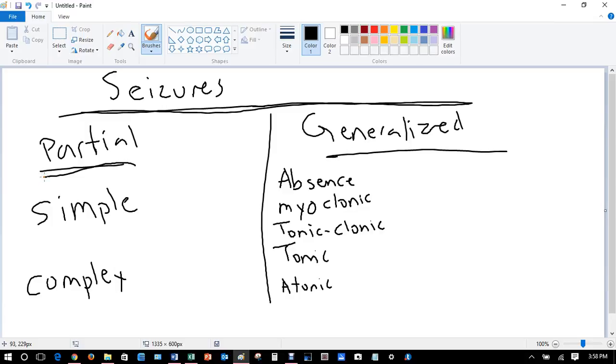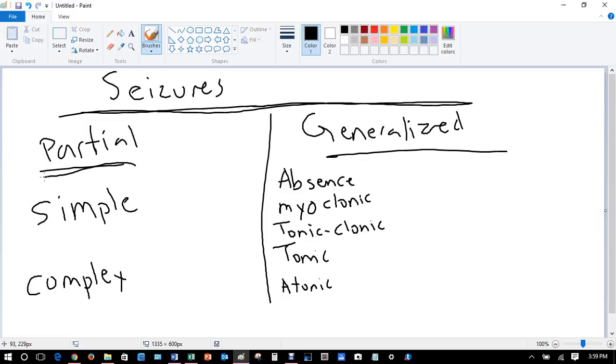So a partial seizure is defined as affecting a single area of the brain. Just a specific part of the brain is being affected, and usually it's going to originate in the medial temporal lobe.